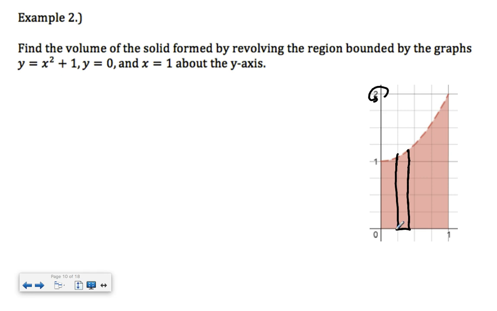And I notice that my rectangle is between two different curves, or two different lines, throughout the whole interval between 0 and 1. So I'm going to use a vertical rectangle, and it's parallel to the axis of revolution. So this is going to be a vertical shell.